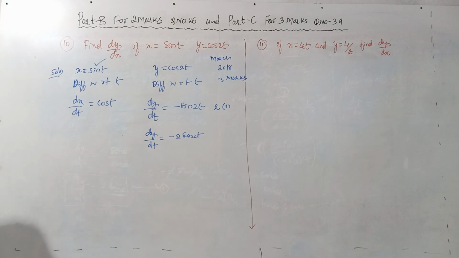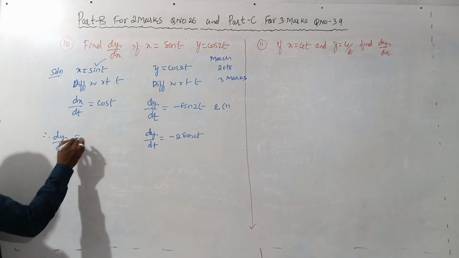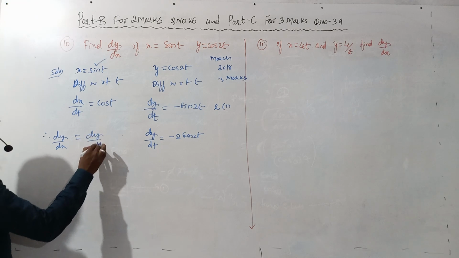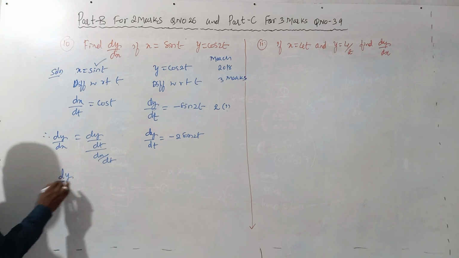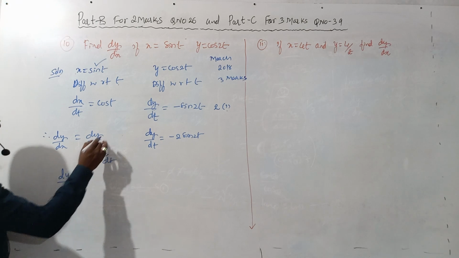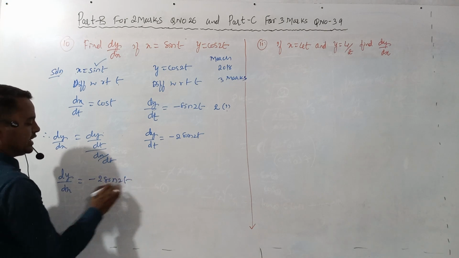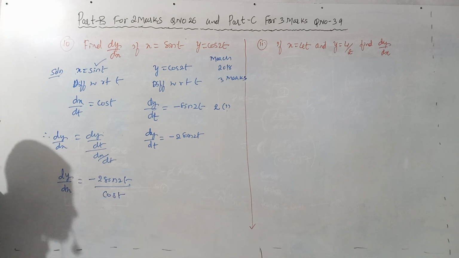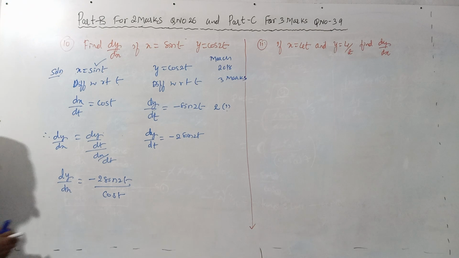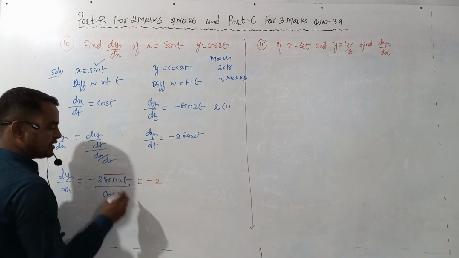Therefore dy by dx is equal to dy by dt divided by dx by dt, which is minus 2 sin 2t divided by cos t.